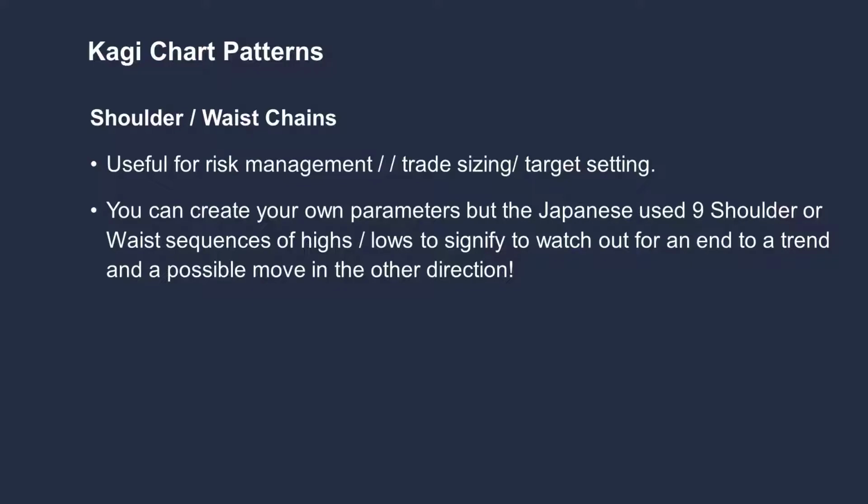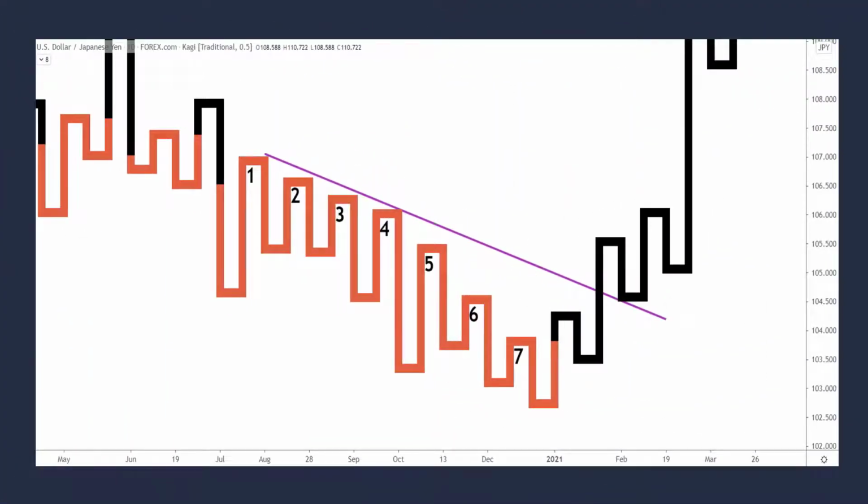Let's take a look at an example so you can see what we're talking about. So here we have an example. It's a daily USD/JPY currency pair, and it's set to 0.5. I found a 7 wave down. Couldn't find a 9 for the purposes of this example.